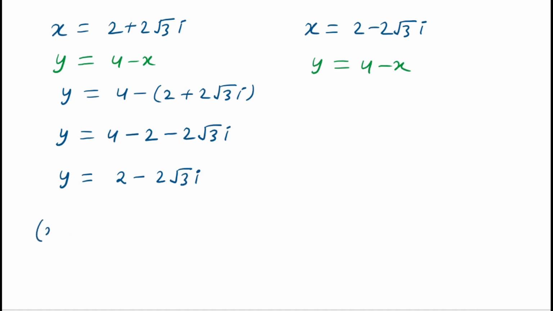So the first solution (x, y) is: x equals 2 plus 2 root 3 iota, and y equals 2 minus 2 root 3 iota.